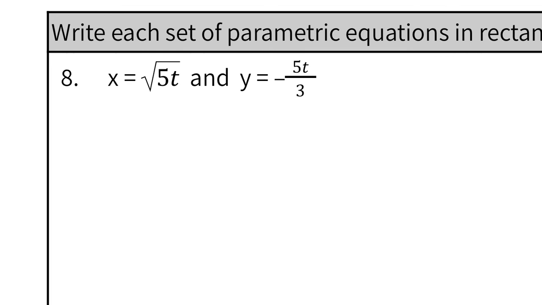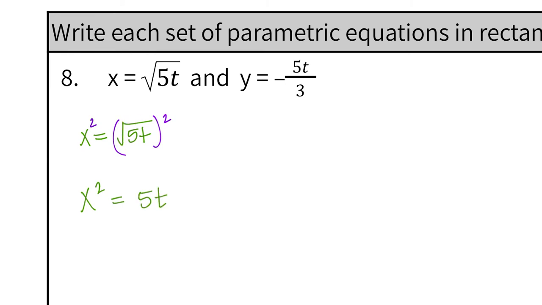Well, we're going to solve one of these equations for t. So I'm just going to do the one on the left. So if I have that x equals the square root of 5t, let's square both sides. And now that leaves me with x squared is equal to 5t.